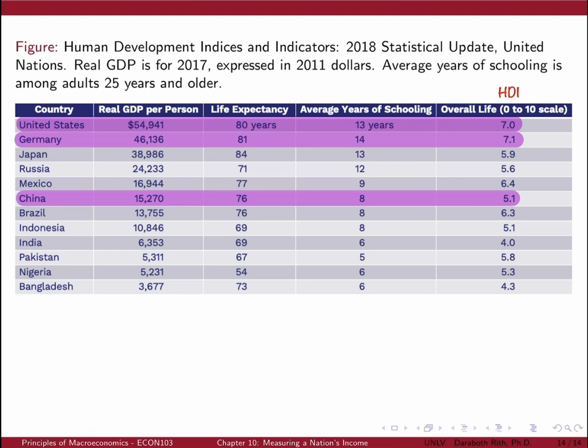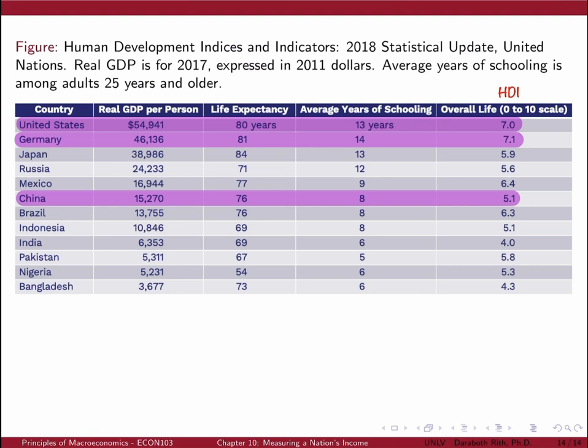Human Development Index, HDI. Germany has the highest HDI, indicating the best overall human development among the three. The United States also has a high HDI, though slightly lower than Germany.